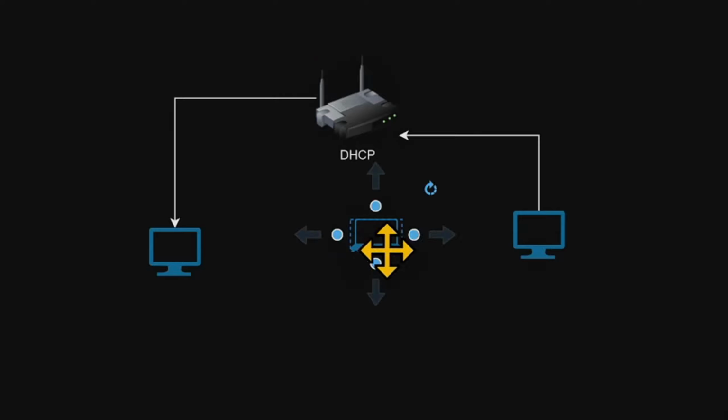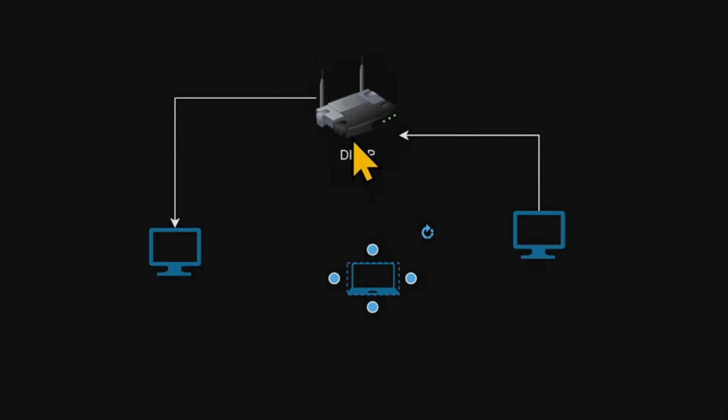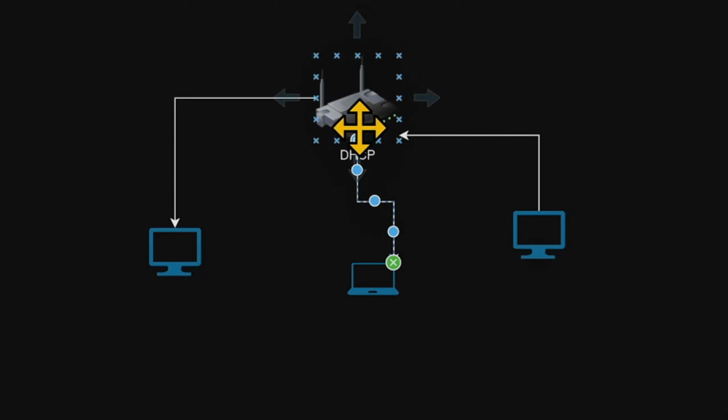For example, if I bring in a new device here, connecting via wireless or wire, it will again ask every device on the network, because this also works as a switch. Every device will get the message that I'm connected on the network, provide me the IP address. The DHCP server will respond back with the IP address, and other devices will not respond because they are not equipped with the service.